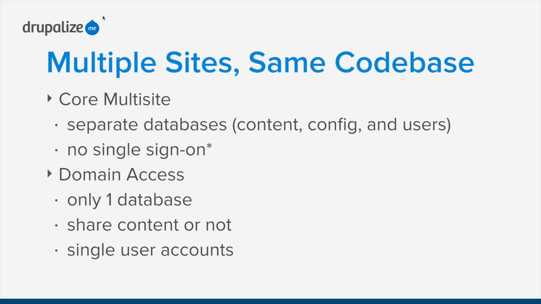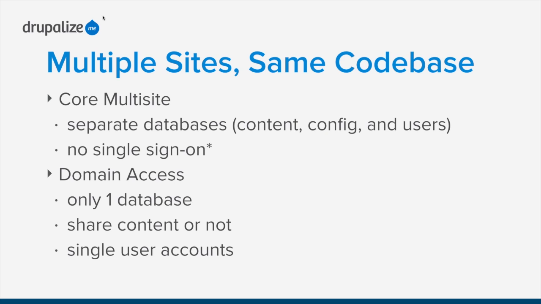But you don't necessarily have single sign-on. You can do some things with sharing users between these separate databases, but it's not designed to work that way necessarily. So you may find yourself wading through some heavy stuff to try and do something like that with a classic multi-site.